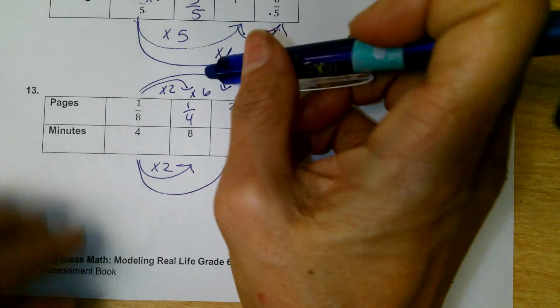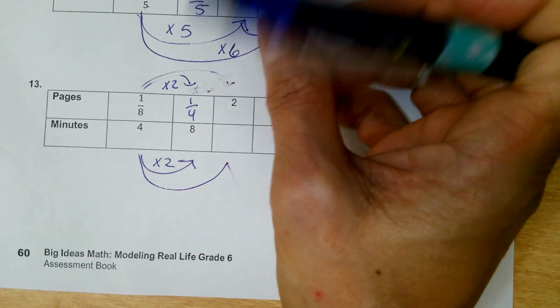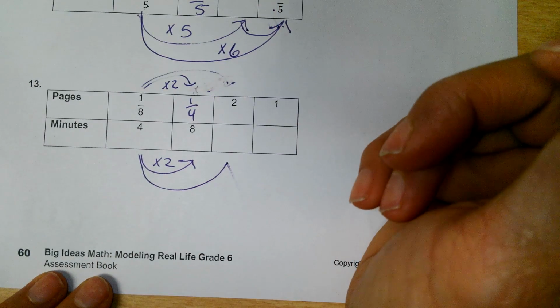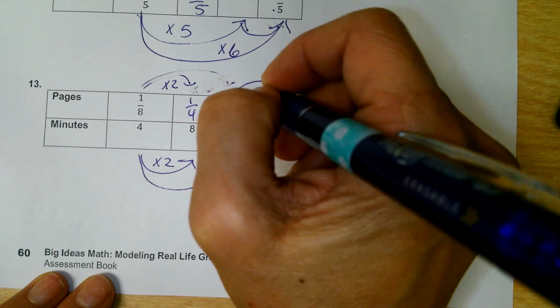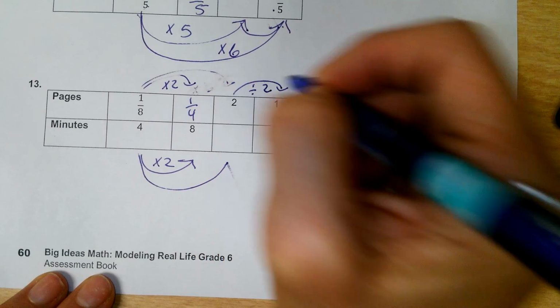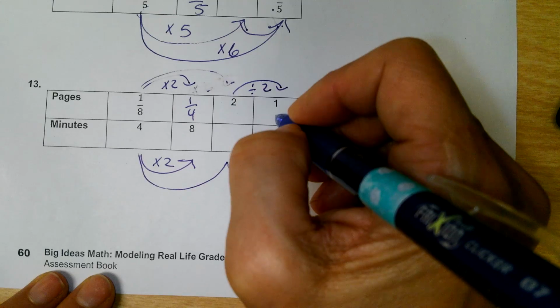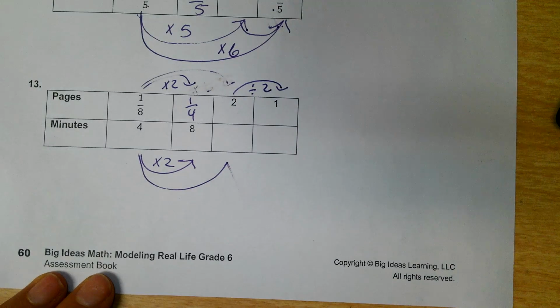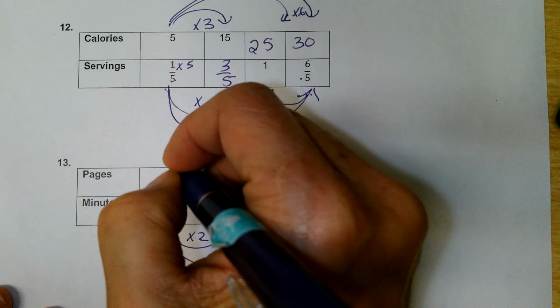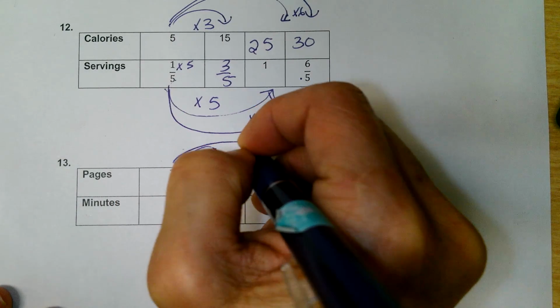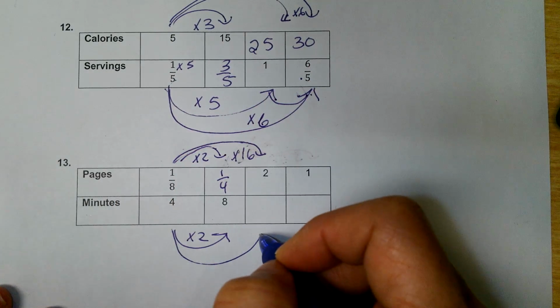Oops, sorry, I made a mistake here. Let's go back. Okay, let's do this one. 2 divided by 2 is 1. So, okay, caught myself. 1/8 times 16. I made an error there.